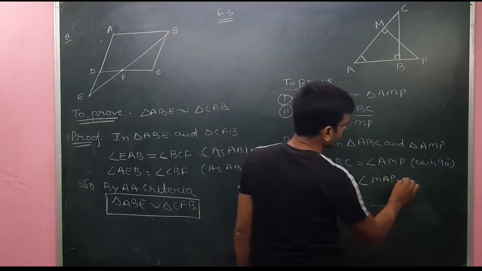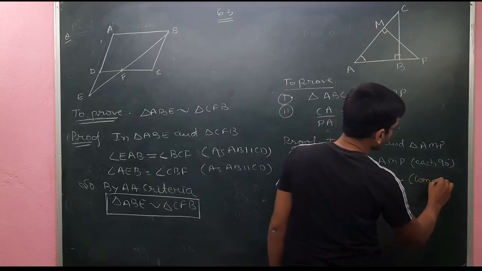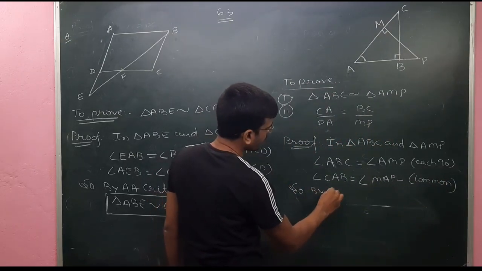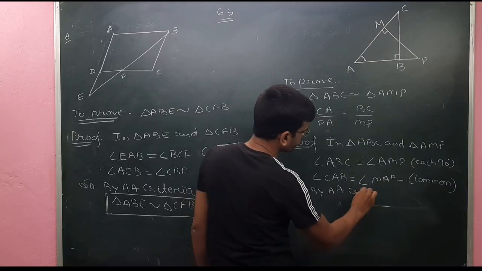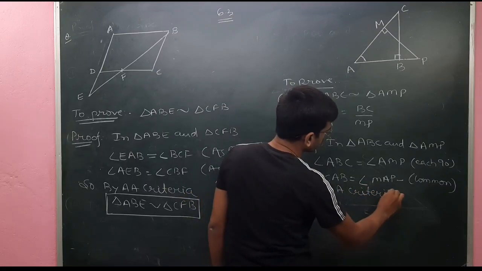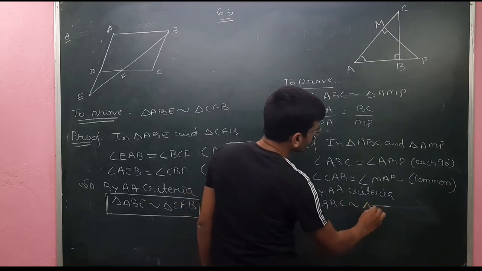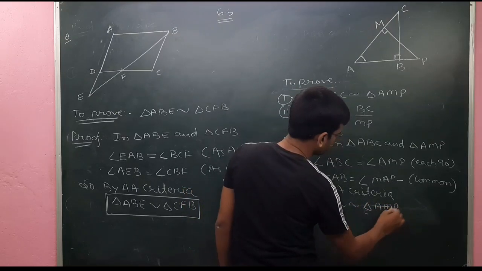This is the common angle. So by the angle criteria, triangle ABC is similar to triangle AMP.